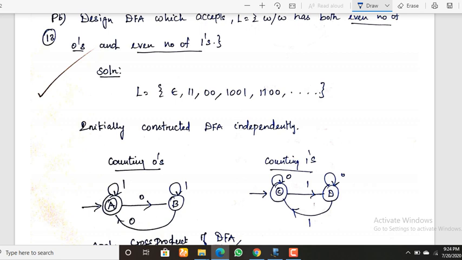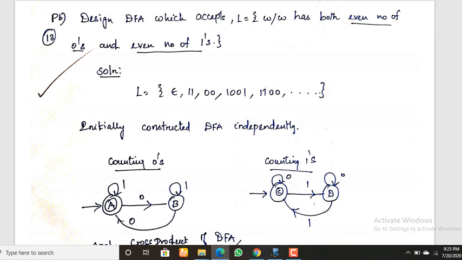Before getting to the problem statement, how can I identify the cross product problem? In this problem statement, I'm going to design a DFA which accepts the language which has both even number of zeros and even number of ones.